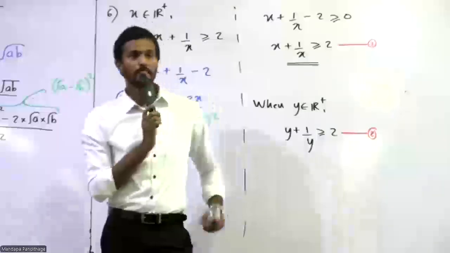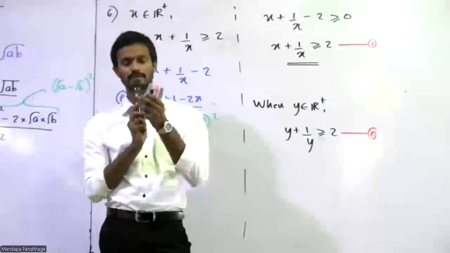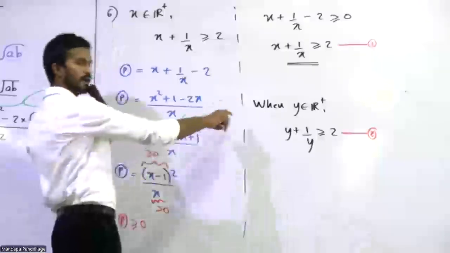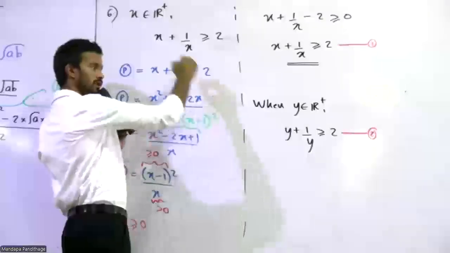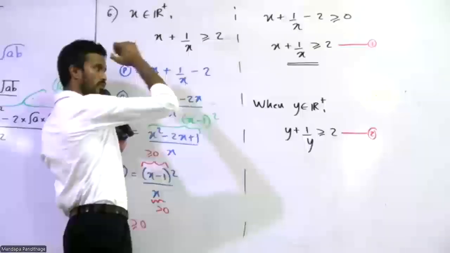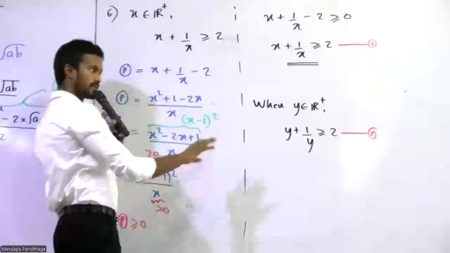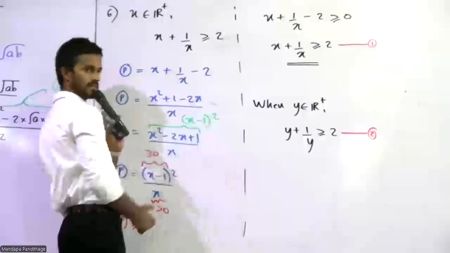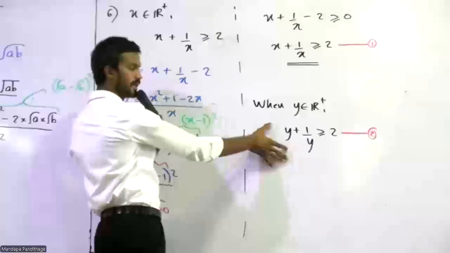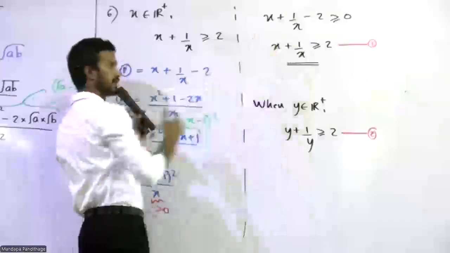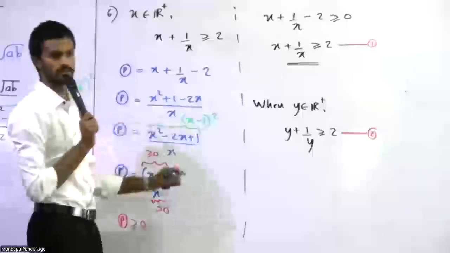Okay, in maths we have something like this. If we have to solve this problem in the same way that we have obtained this result, you don't have to do it twice.